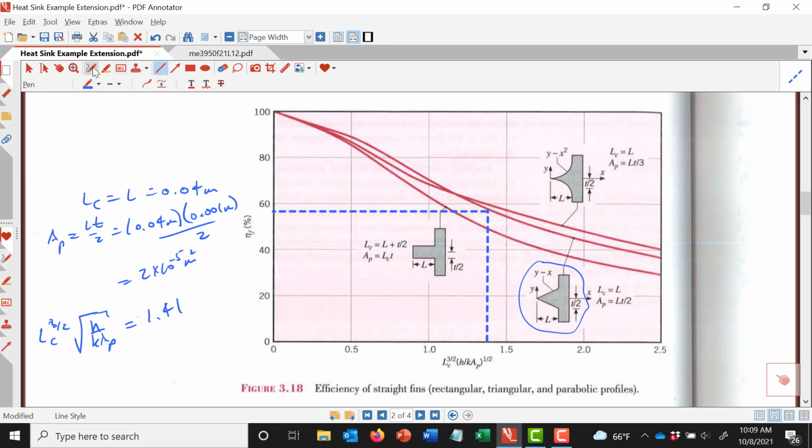You get something roughly around 56%. It turns out the value of 0.56 is what you get from using the Bessel functions for the direct calculation. And it looks like you're pretty close here as well. So we'll use the 0.56 as our fin efficiency.